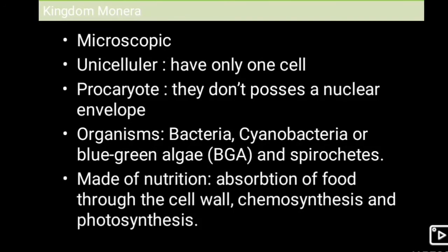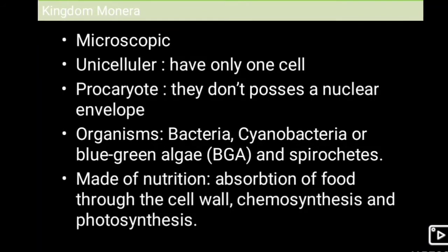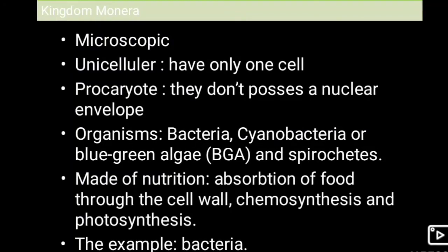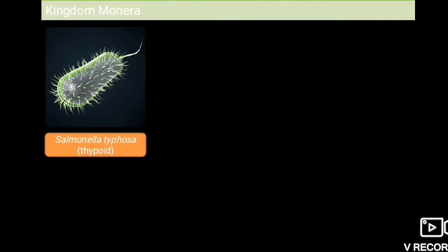They make their nutrition by absorption of food through the cell wall, chemosynthesis and photosynthesis. The example is bacteria. There are 2 kinds of bacteria, good bacteria and bad bacteria. The examples of bad bacteria are Salmonella typhosa.